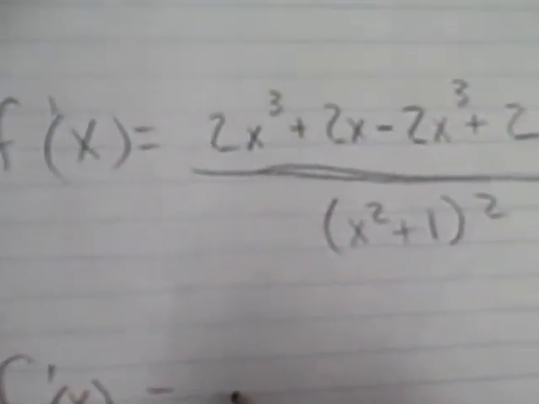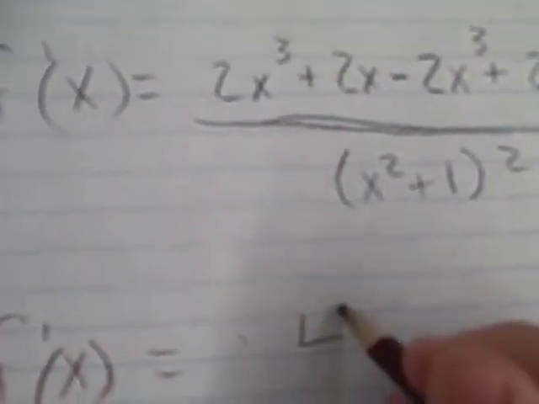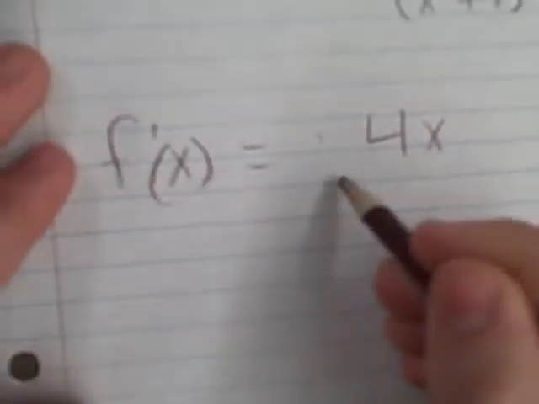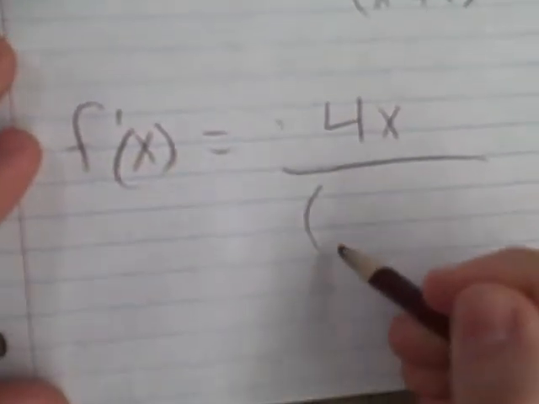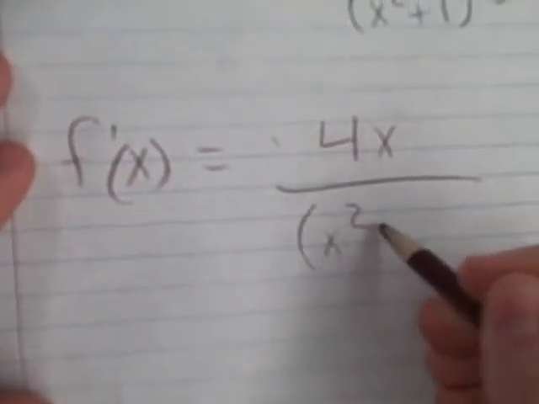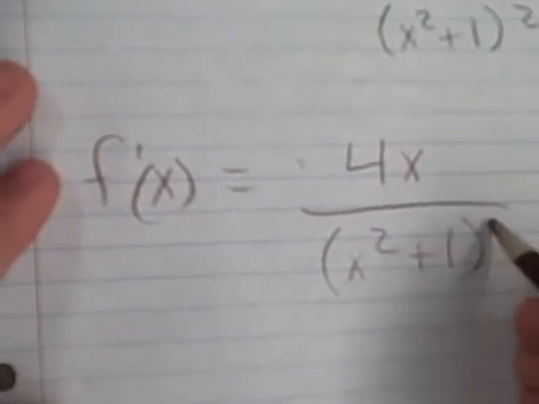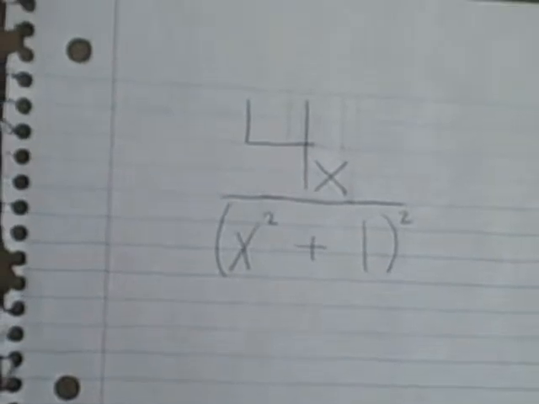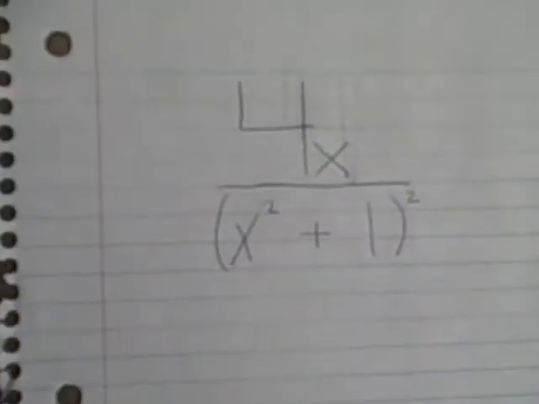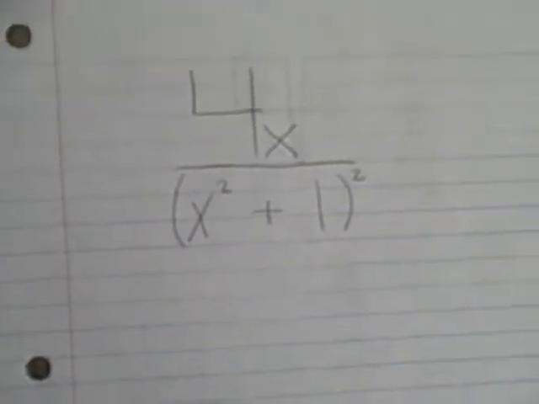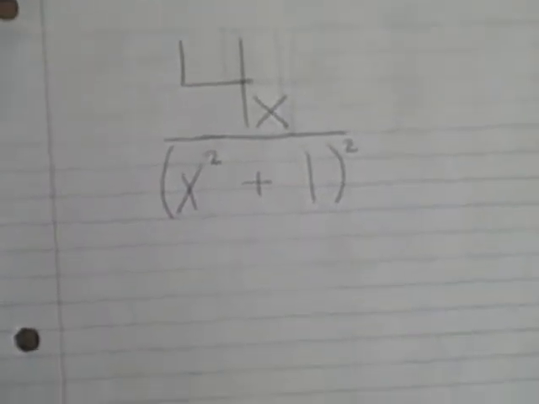So the whole top is just 4x over the bottom. Now we have this equation, and most people would just leave it there, and for the most part, that's probably the best thing to do. But you can also FOIL out the bottom and feel really proud of yourself for being so smart.